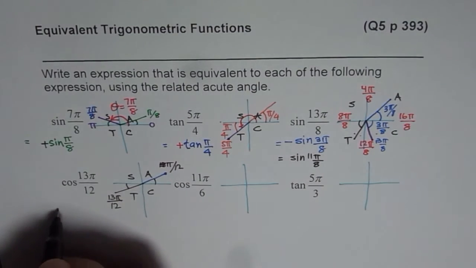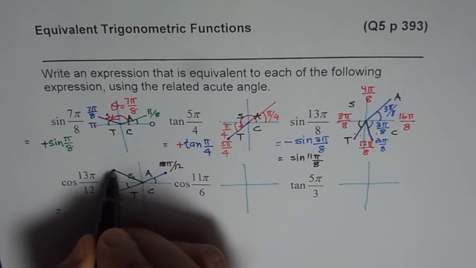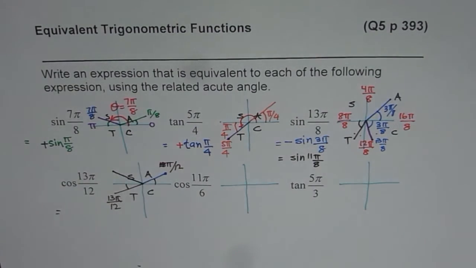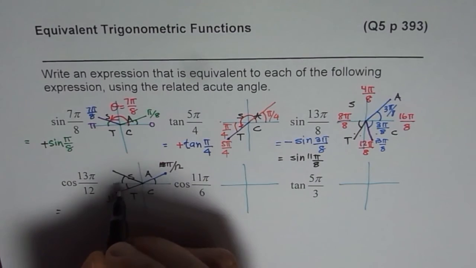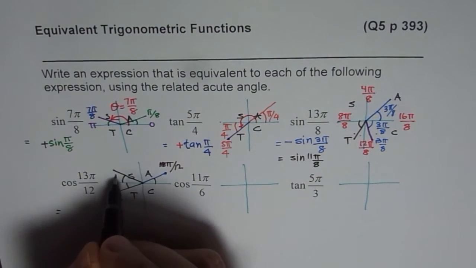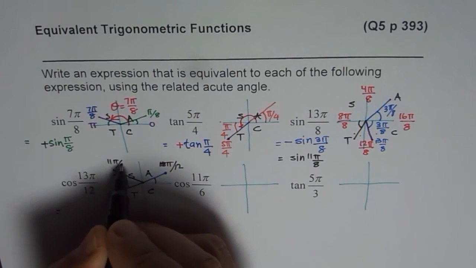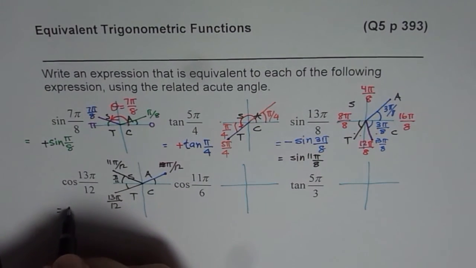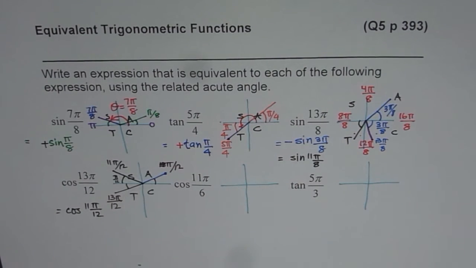Since cos is negative here, we could consider another acute angle in quadrant 2, where again the cos is negative, right? So if I am considering acute angle of pi by 12, I'm really talking about 11 pi by 12. So I could write this as cos of 11 pi by 12.